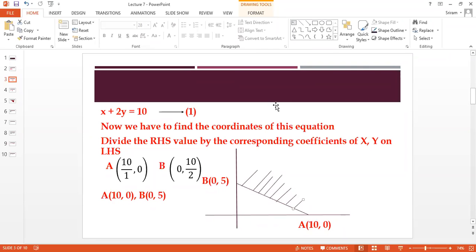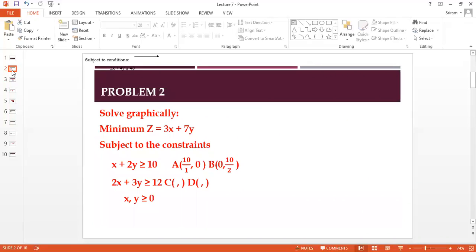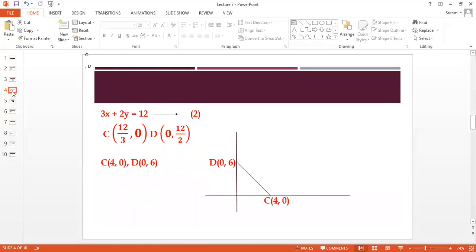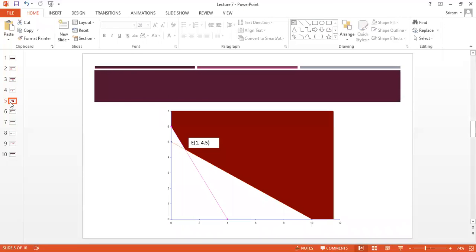Everyone understand this? Doctor, question please. In that graph, teacher, how many lines do we have here? Don't count the number of lines. The diagram will be like this: the whole area.